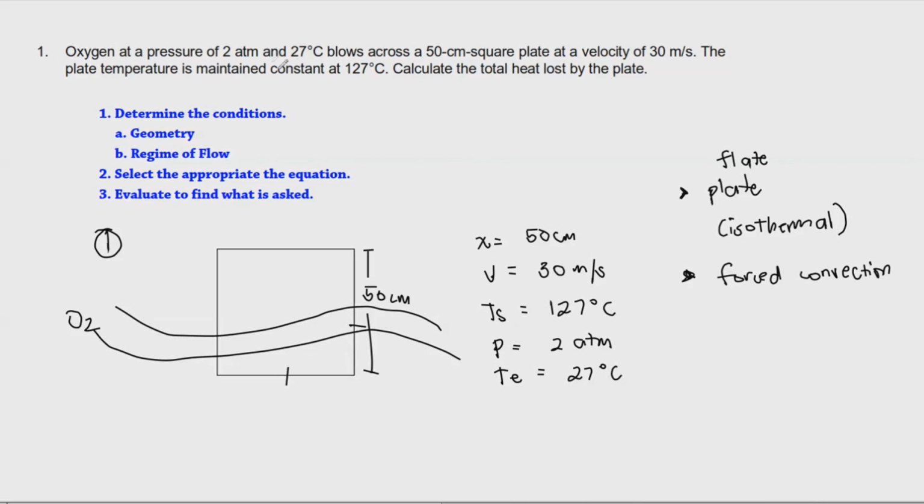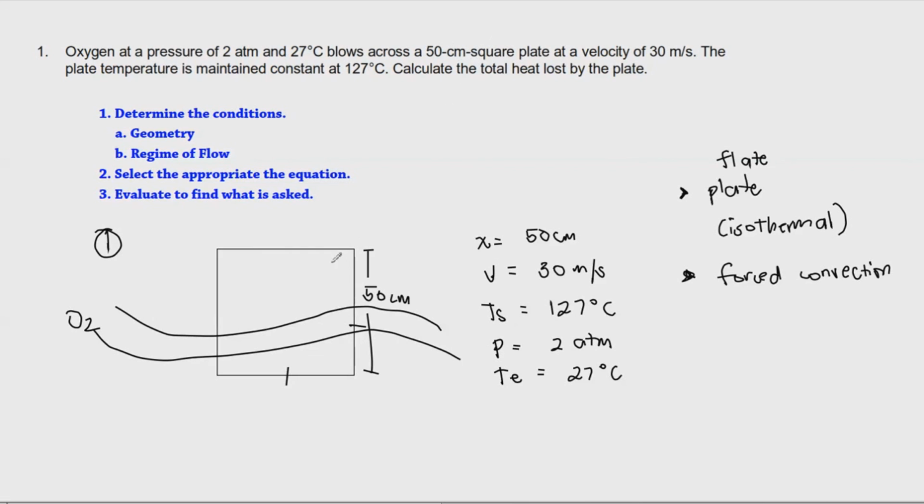So even though this problem didn't mention any kind of mechanical means, it gives you an idea that it's still a forced convection, and this is something like an unbounded boundary layer, because we're just having one plate here.